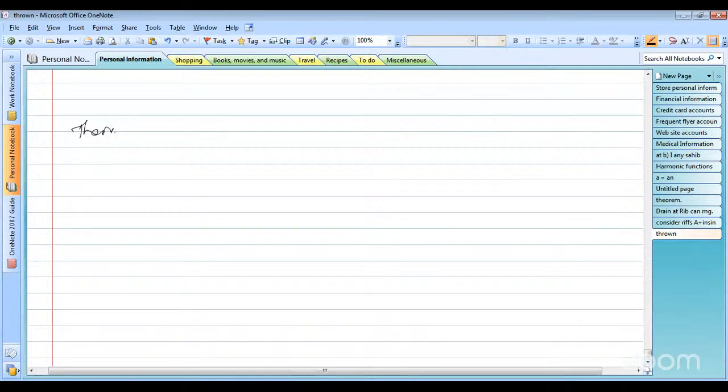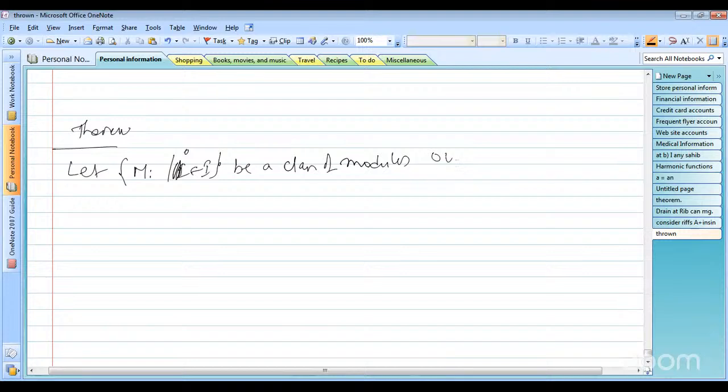Another theorem we have to learn. Let M_i, i belongs to I, be a class of modules. The direct sum of these is an isomorphic submodule of the direct product.